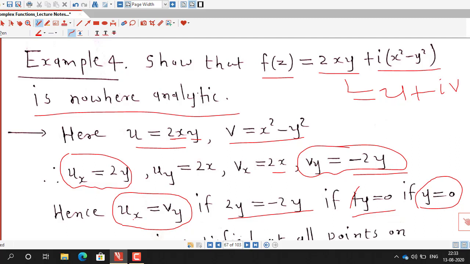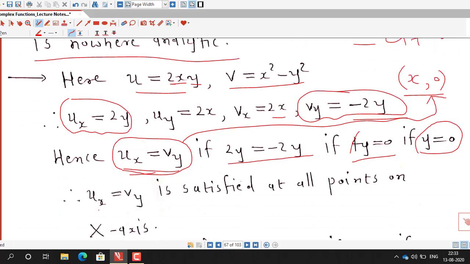So this equation is satisfied at all the points x, y in the complex plane for which y coordinate is 0. These points are lying on x axis, because if we take any point on the x axis, then y component of that point is 0.